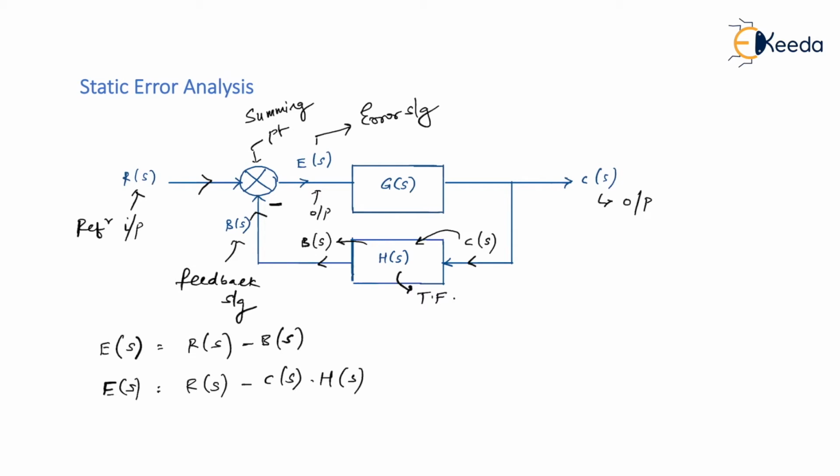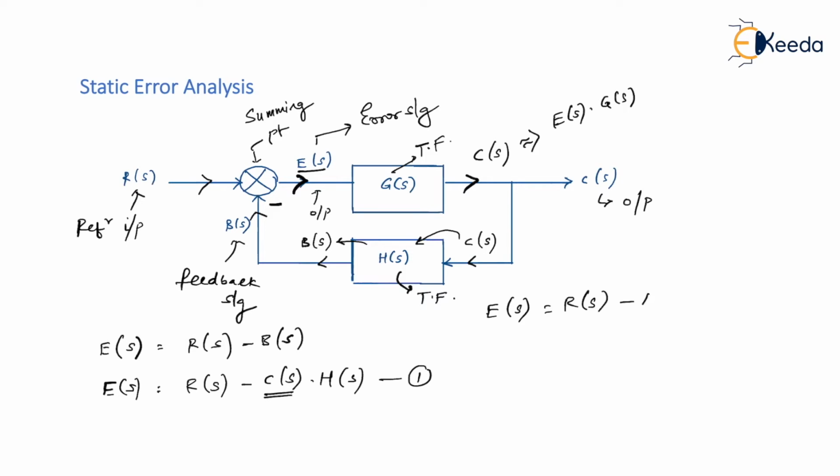Secondly, for this block output is C of S. For this block input is E of S, and G of S is nothing but transfer function. So you know that output of the block is nothing but input multiplied by transfer function. So now I can express my C of S as E of S into G of S. So this is what I'm going to substitute in equation 1 here. So my E of S becomes E of S is equal to R of S minus, as I said, C of S I'm going to replace with E of S into G of S, and we already had H of S here like this.